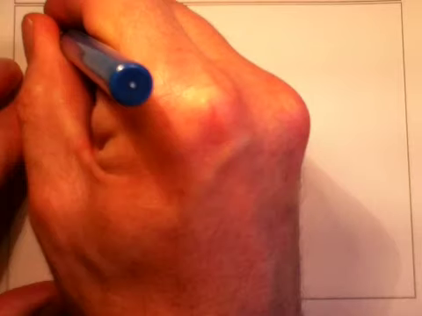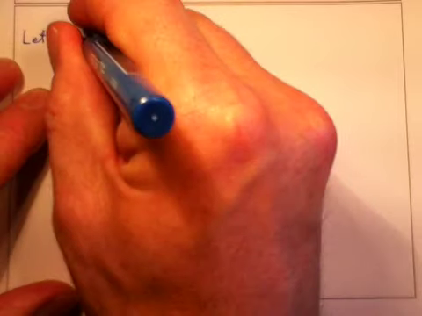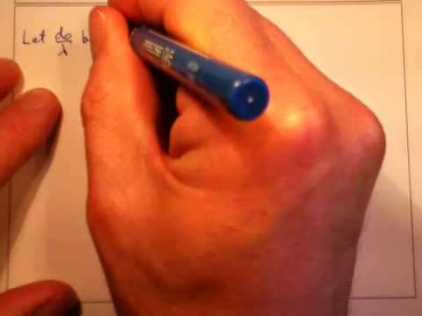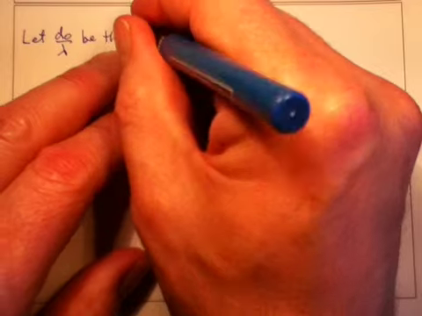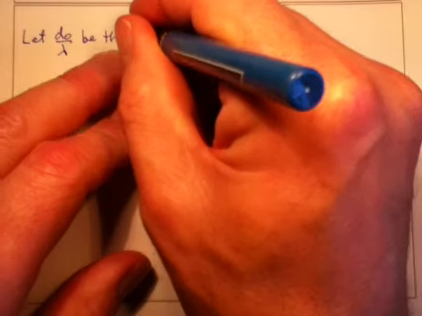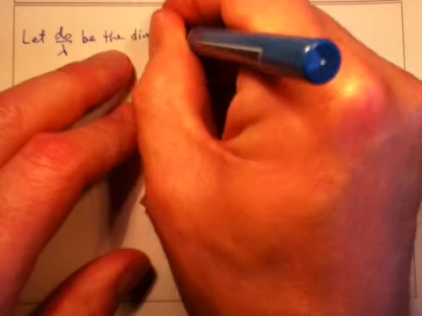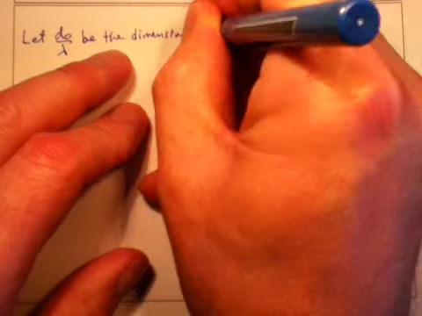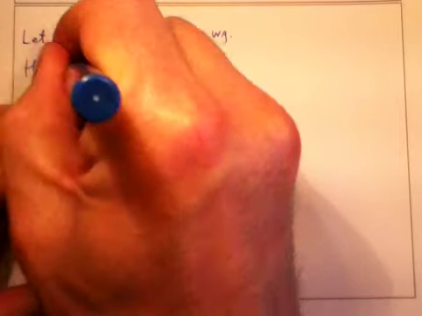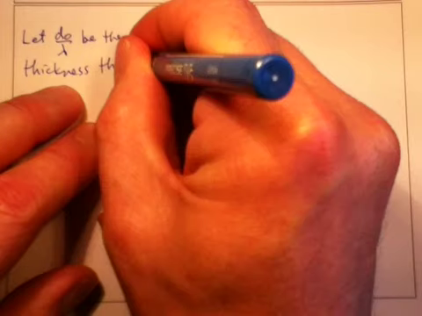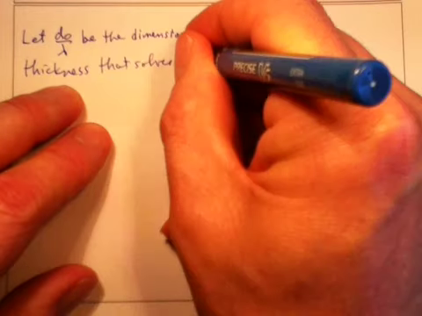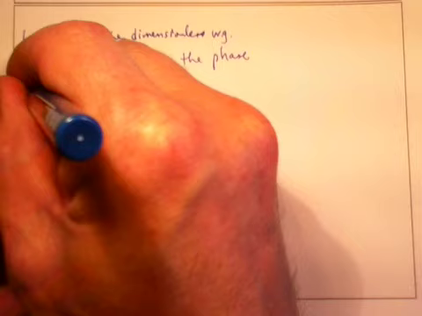So in other words, I can write down: let d naught over lambda be the dimensionless waveguide thickness that solves the phase match condition.